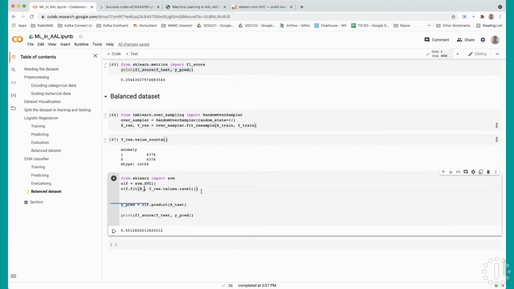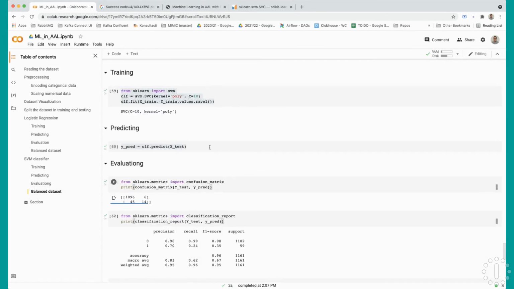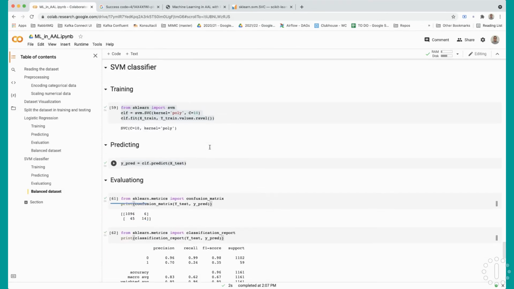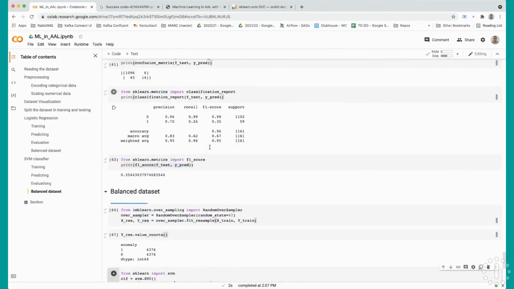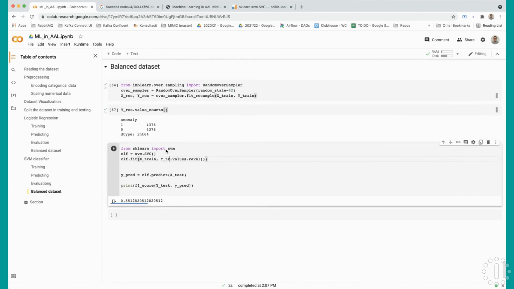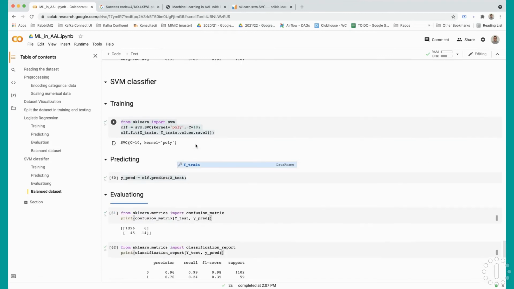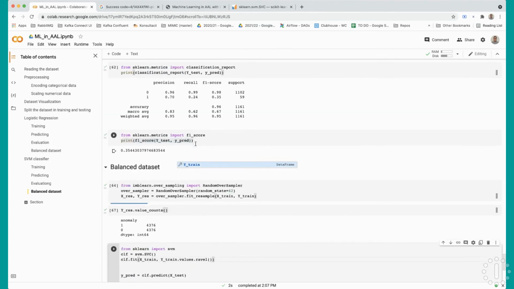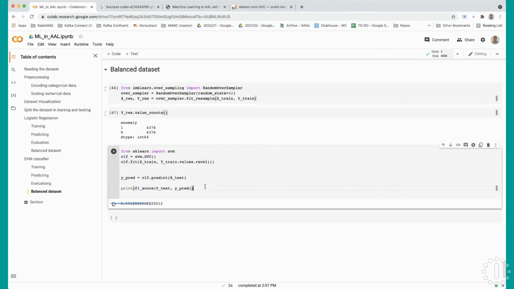While before, when it was with x train and y train, so let's see what will happen now.